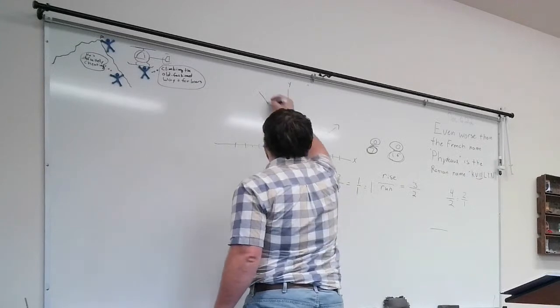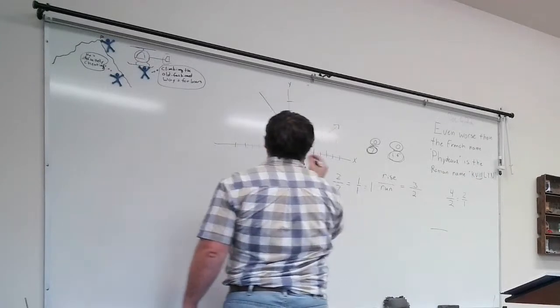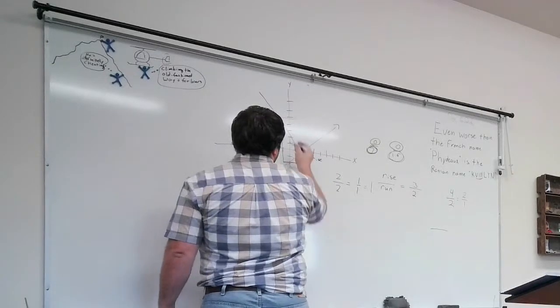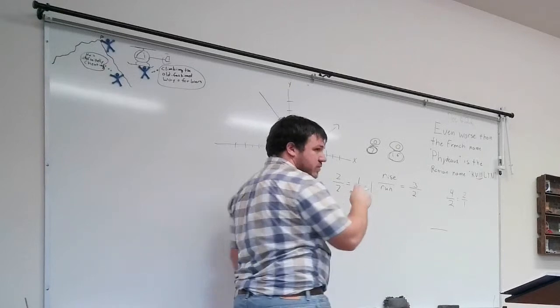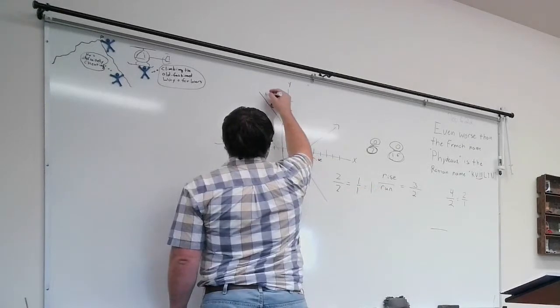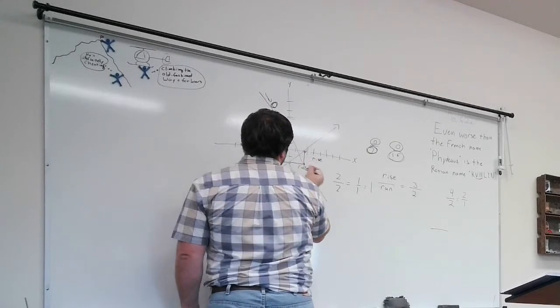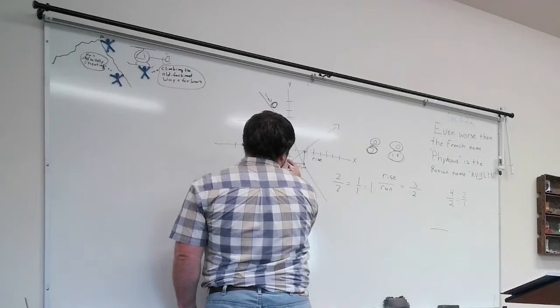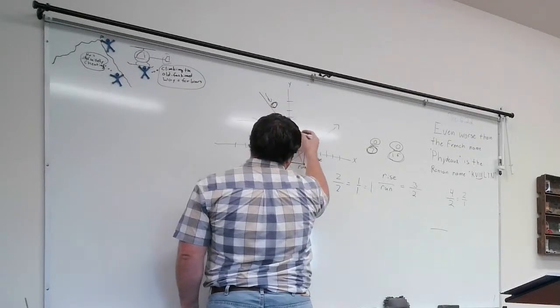So what we do here, first thing, I'd like to find the rise first. The rise, we know that it's dropping, right? It's going to be a negative rise because if the ball was here, it would be going down the hill, right? Because it can only go that way. So we have a rise of negative 5.